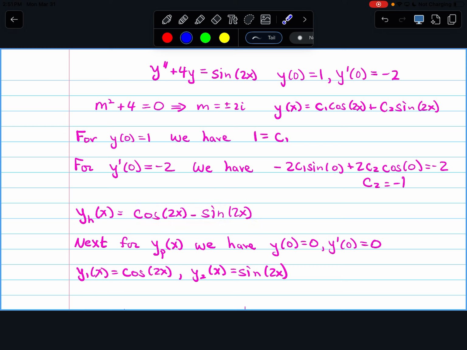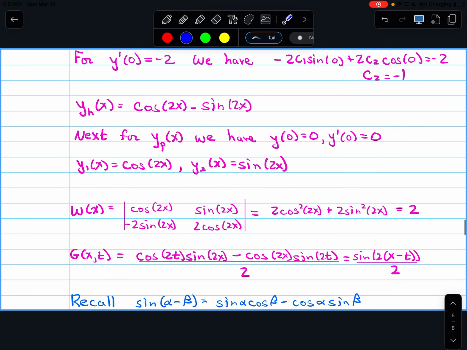Okay. Now, we know from this that y1, we've got a solution, cosine 2x. That's a solution for the homogeneous equation. So is sine of 2x. So I've got 2 solutions here, and what I want to do is find a particular solution.